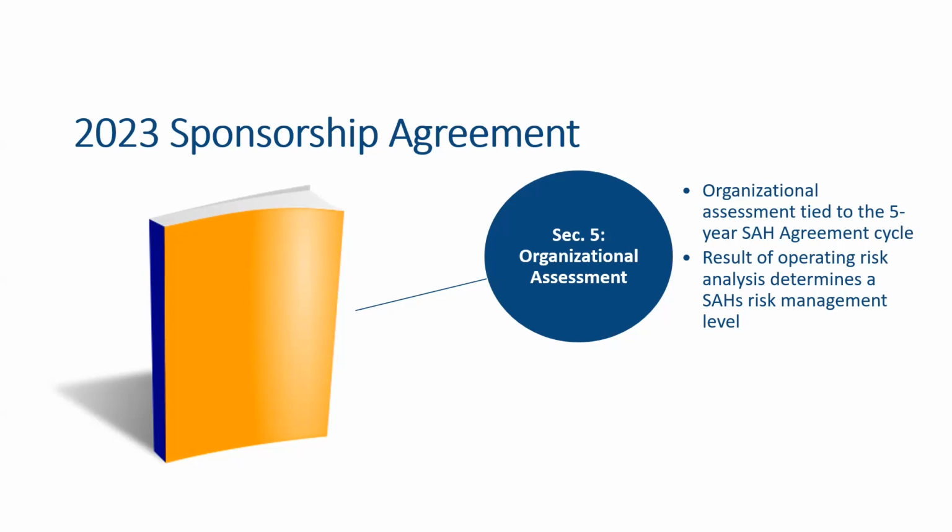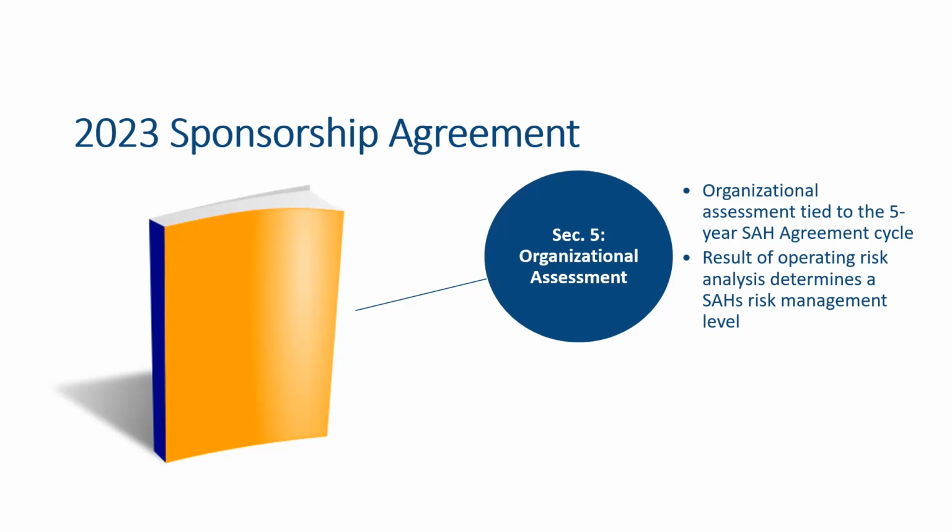So there is the potential that even though you're in Plan C now, we'll talk about it a bit more on the next slide, there will be 2 opportunities for you to move between risk management plans, and the later opportunity will be when you go through that organizational assessment process again.